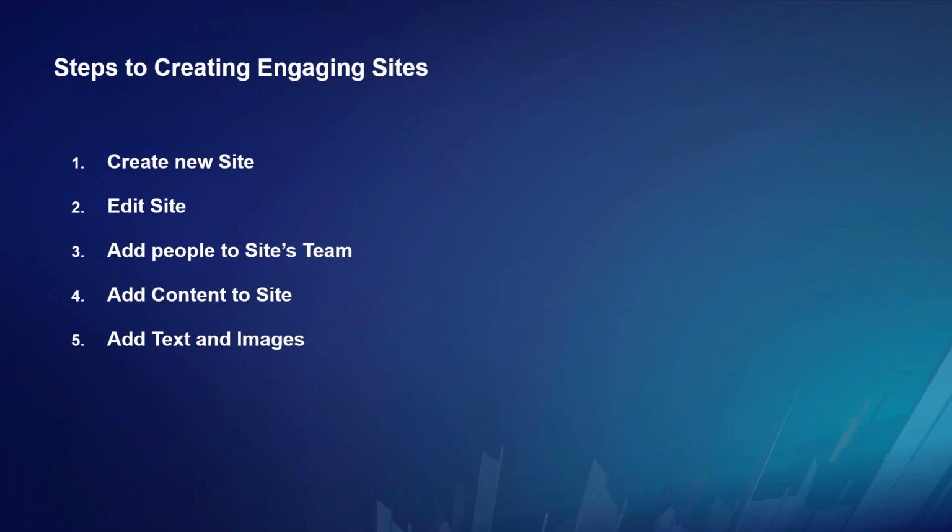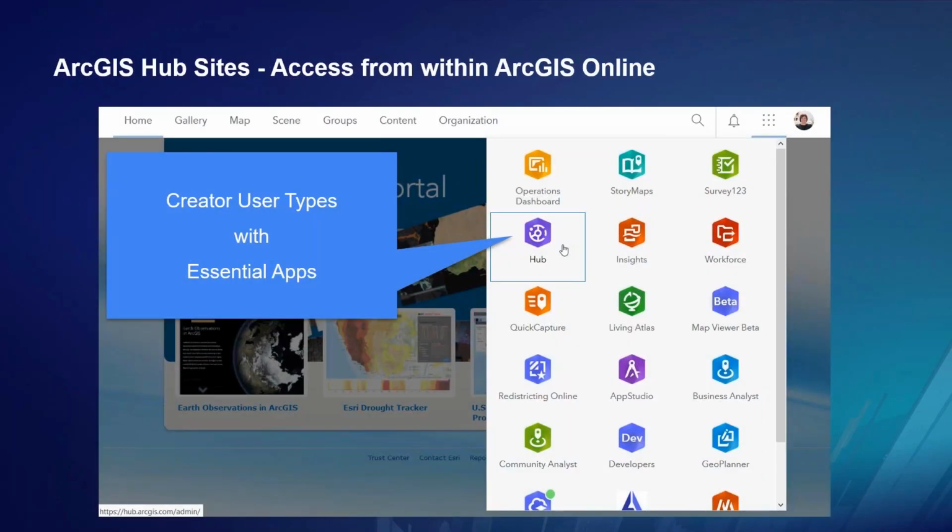Some may be good with writing up the information, others may be good with design and colors. And so I want a team of people to help manage and maintain the site, so I can add additional people. I will show you how to add some of the content to the site and manage your text and images within the site. What's wonderful about it is that there's a starter site when you create a new site, and I always use that to get moving forward.